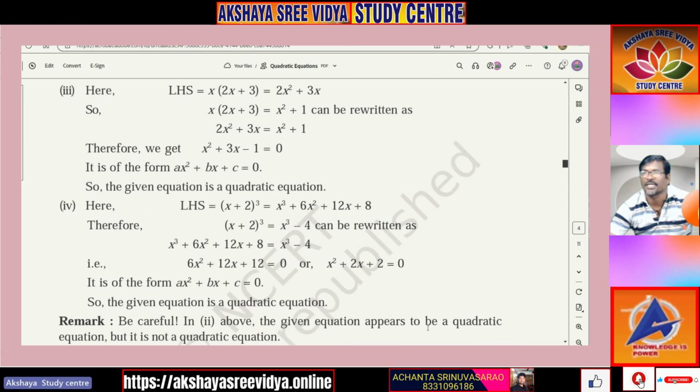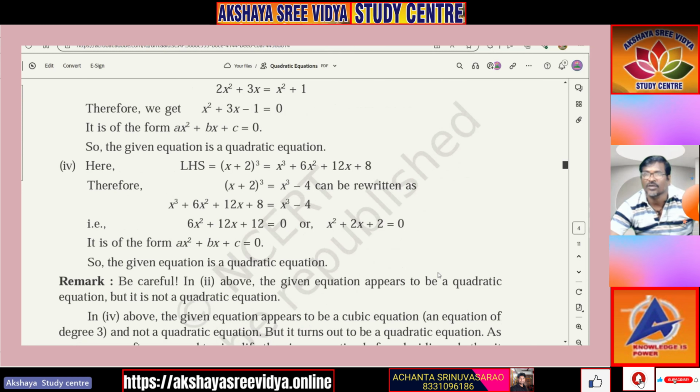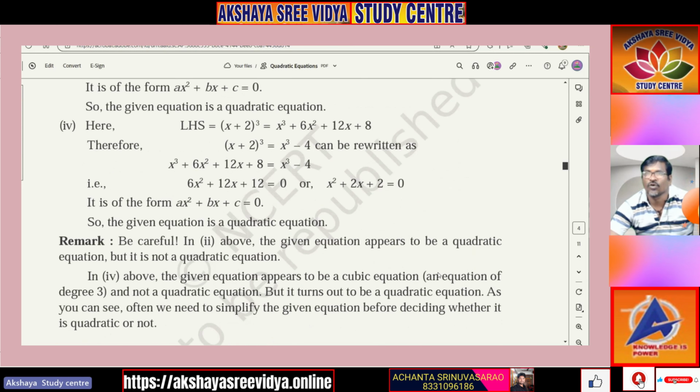Some of the given equations appear to be quadratic equations, but are not. And the fourth given equation appears to be a cubic equation, an equation of degree 3, not a quadratic equation, but it turns out to be a quadratic equation. As you can see, often we need to simplify the given equation before deciding whether it is quadratic or not.